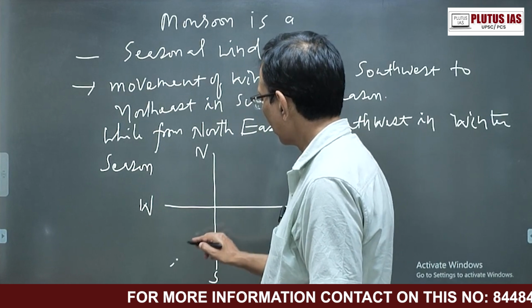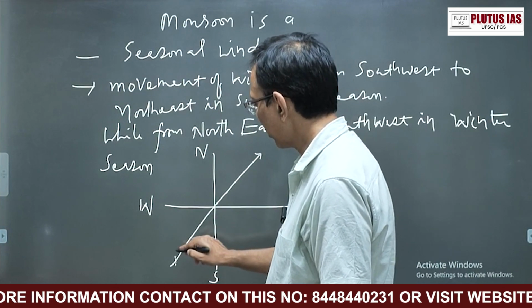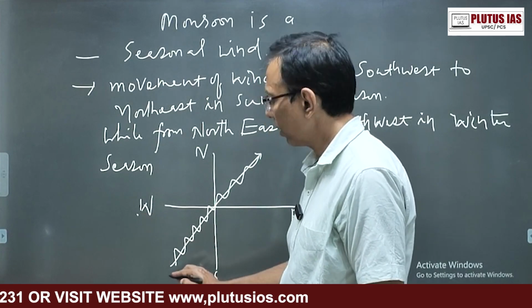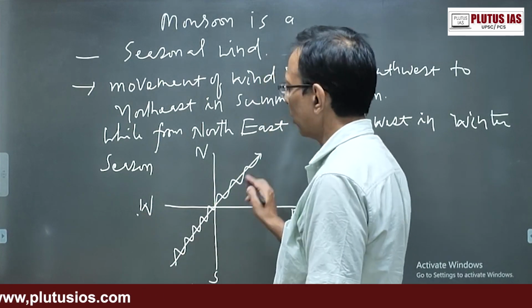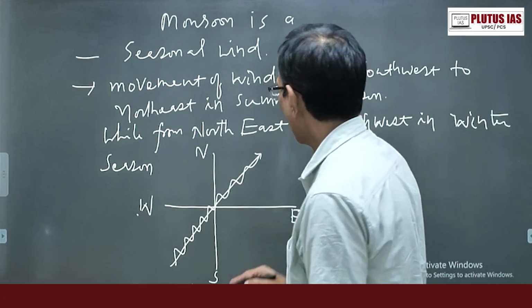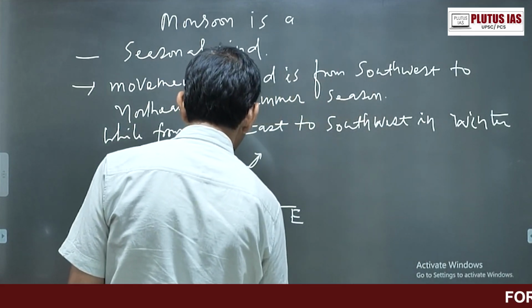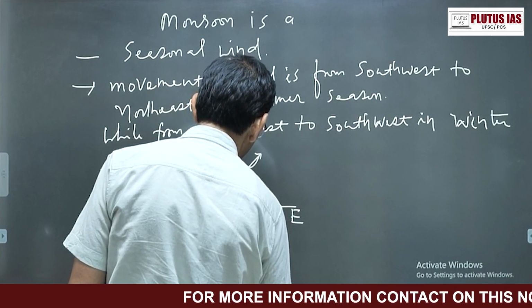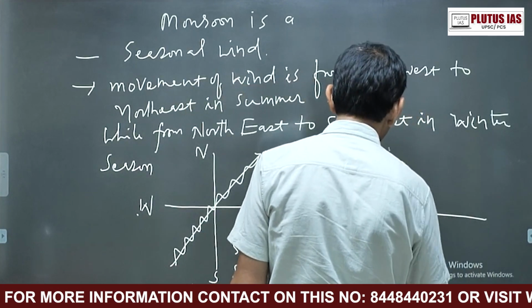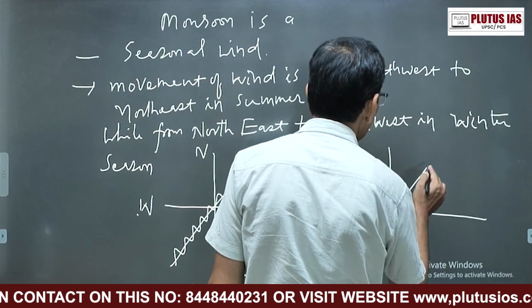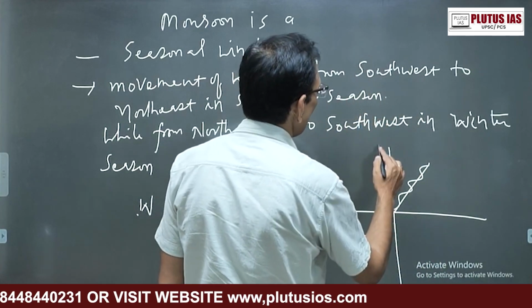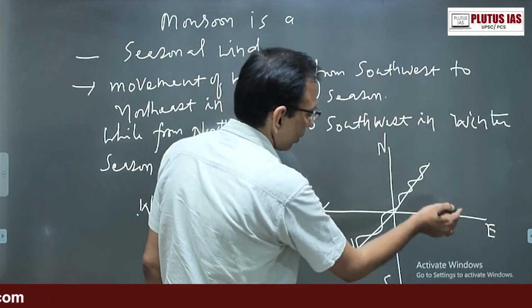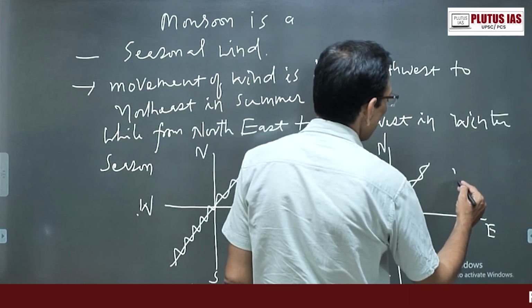So monsoon has a direction from southwest to northeast in summer season, while from northeast to southwest in winter season.